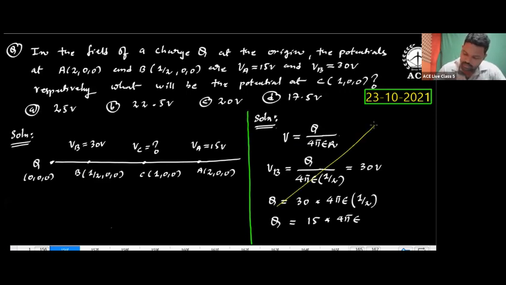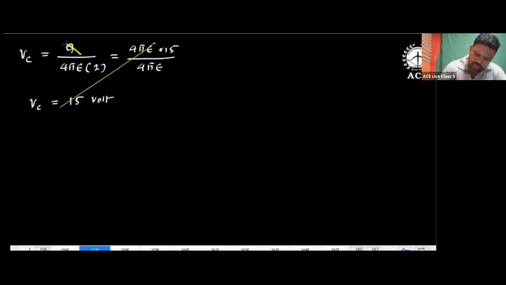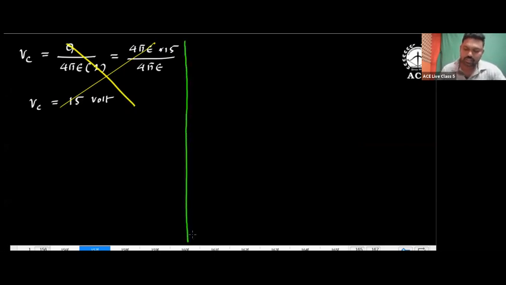So this is the wrong procedure. That is the absolute potential we have considered. If you want to find the potential at some particular point, this formula needs to be used.